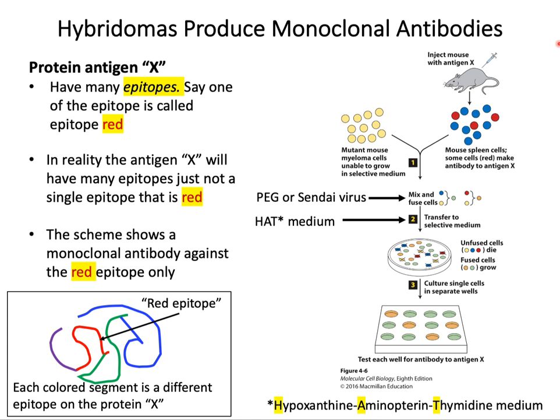Now the mouse B cells will produce lots of polyclonal antibodies against all the epitopes present in the protein X. But a specific B cell clone will produce only the antibody against the red epitope. So this is the specific monoclonal antibody produced by one of the B cells or lymphocytes in the mouse that we are interested in.